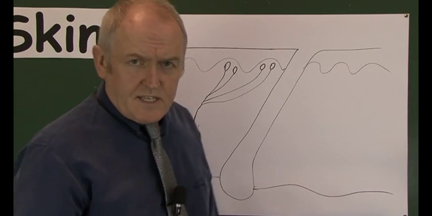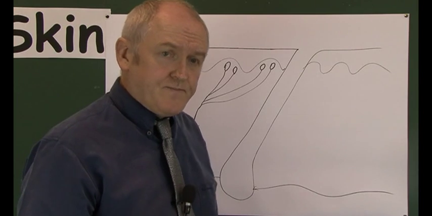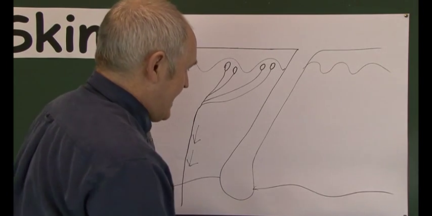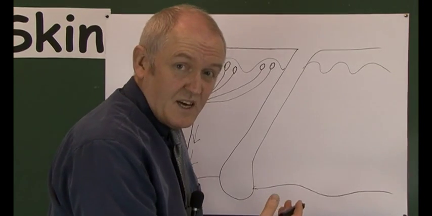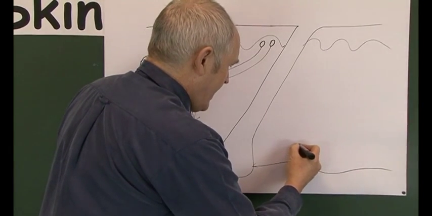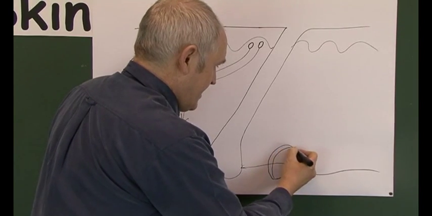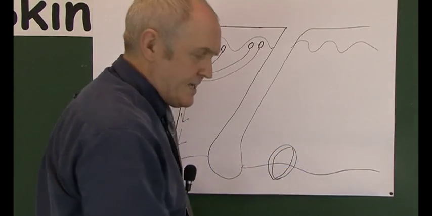So we know the skin is sensitive to touch, and the skin is also sensitive to pressure. So deeper down, very often actually in the hypodermis or deep down in the dermis, there are really quite large receptors. And they look a bit like an onion if you slice them. They've got layers.